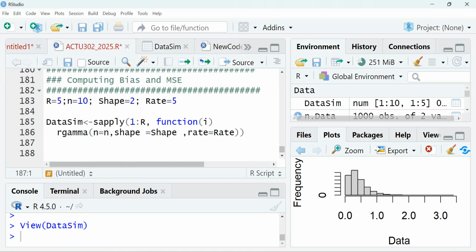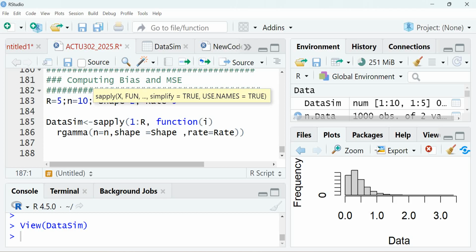But if I put all of them inside the T function, which is transpose, it will turn it, and then each row will be a sample, and the columns will be the repetitions.